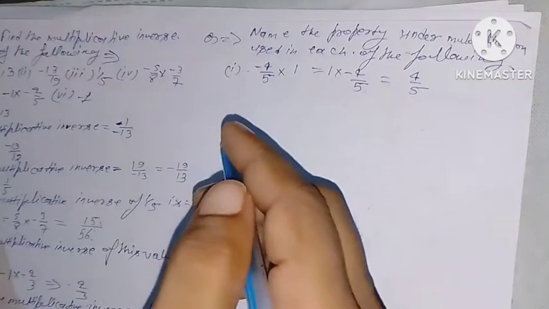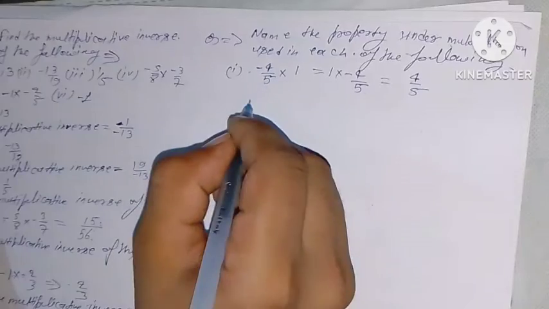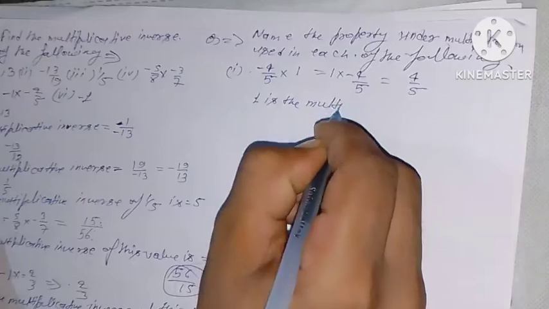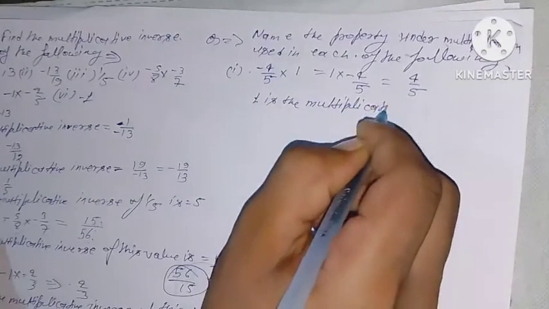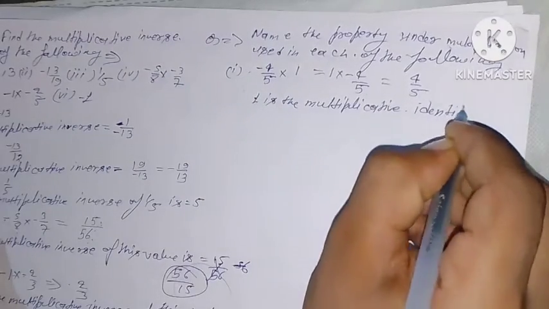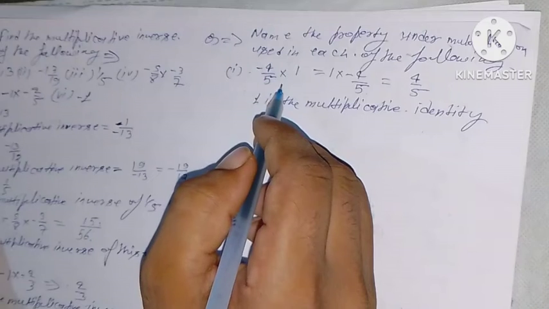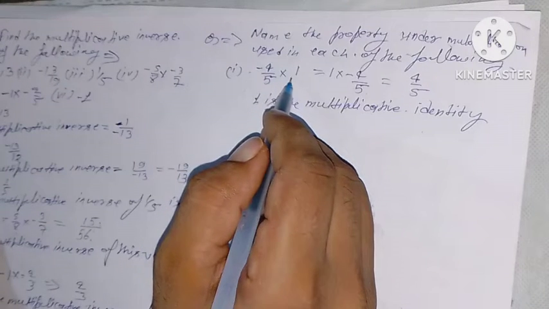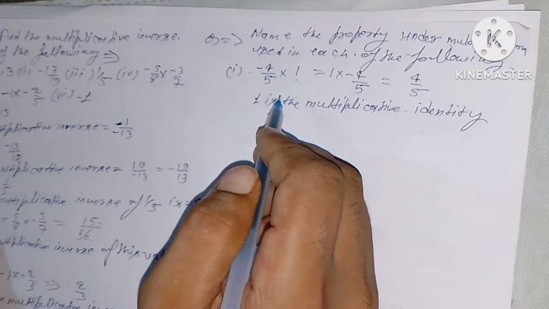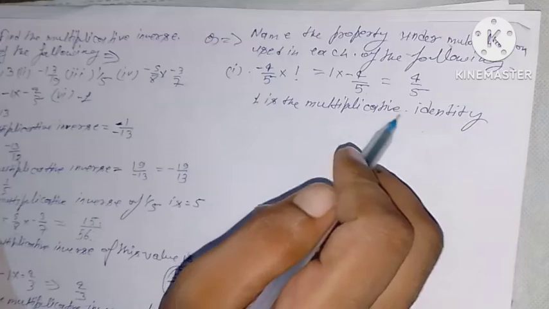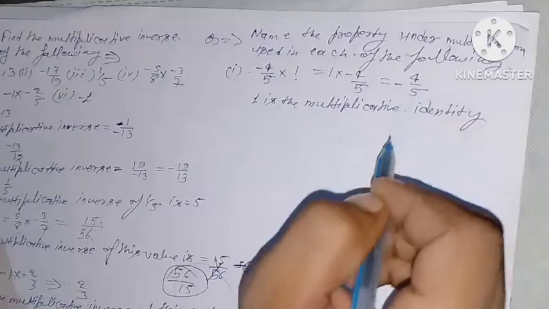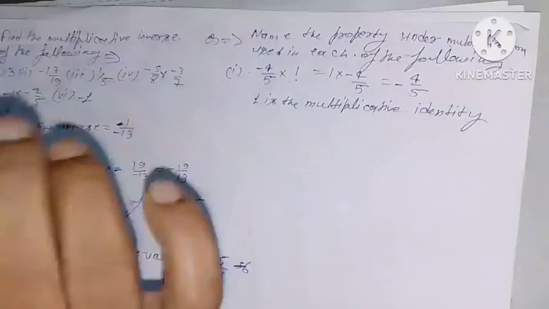In this question 1 is the multiplicative identity, because we are multiplying by 1, but the value does not change. So this value is minus 4 by 5. 1 is the multiplicative identity.